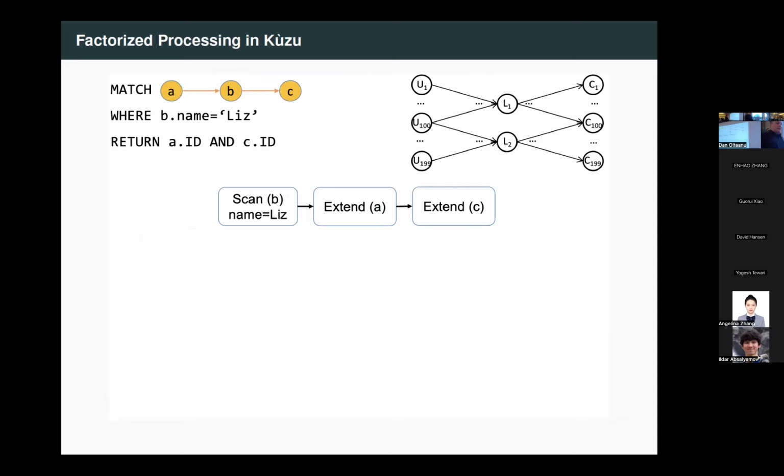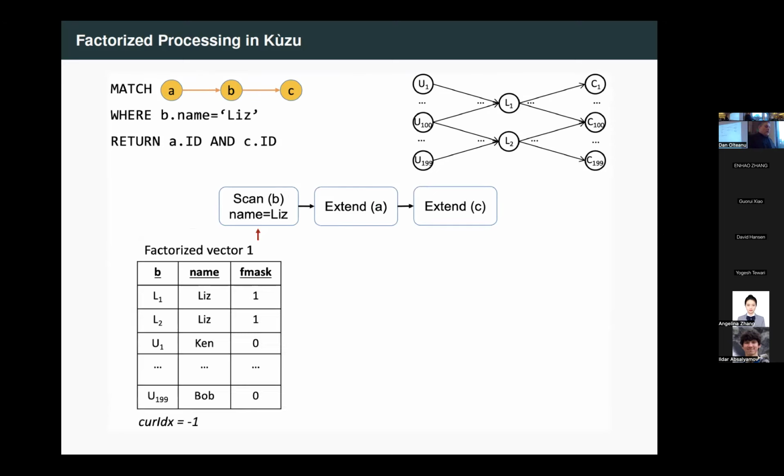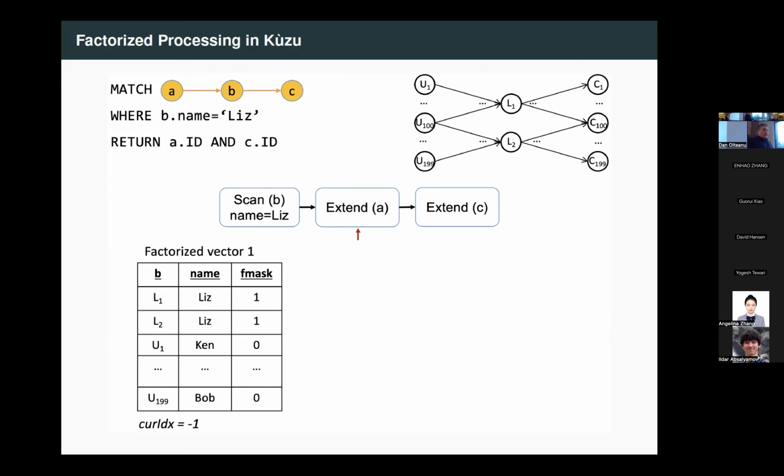So how he does it is like this. He has this plan that does it the same way with extend A, extend C. And then he constructs a so-called factorized vector for the B's, which is basically this vector with B being L1 and L2.